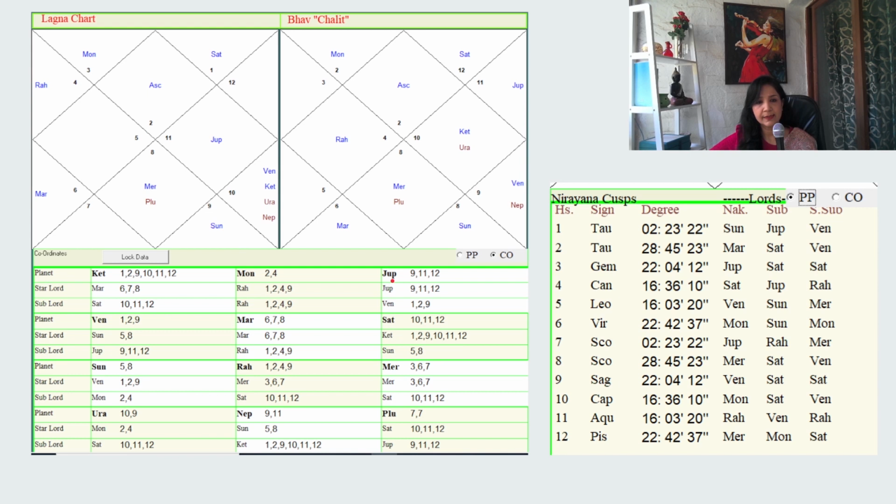So in 2016, when Jupiter Mahadasha and Jupiter Antardasha started, this boy got an opportunity to travel abroad for higher education in the US. And if you see in the promise that 2 is there and 4 is there, so there is a mix.